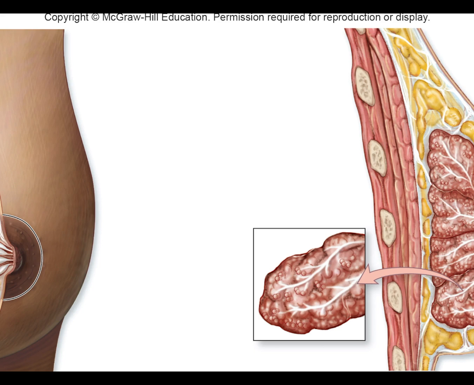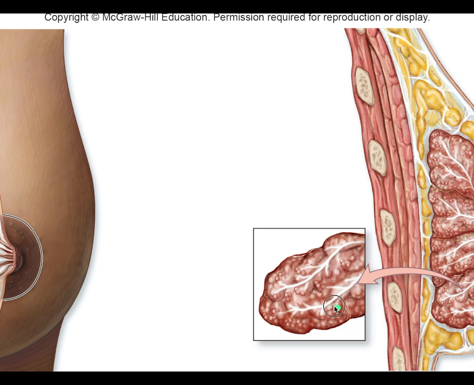And a lobule is basically a collection of these glands that produces milk. And the breast tissue, the milk producing tissue, is separated into lobes. And I didn't see that on your white sheets.